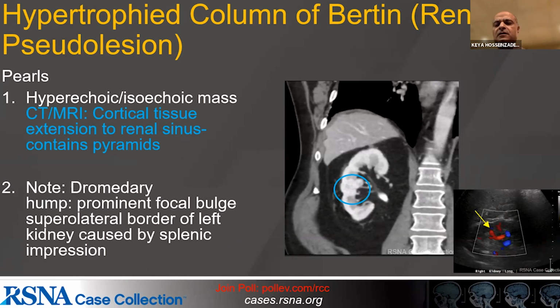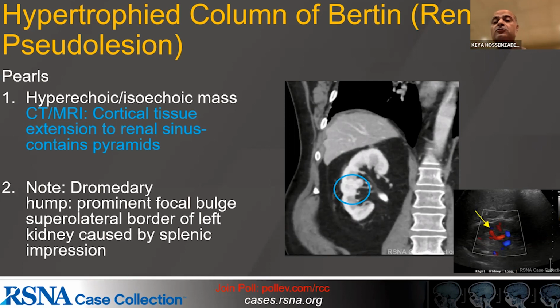When they fuse, they usually fuse in an end-to-end fashion, and the intervening parenchyma, which is called polar parenchyma, resorbs. Now, if that fusion doesn't occur in an end-to-end fashion, that intervening polar parenchyma remains, and that then forms a hypertrophied column of Bertin or a junctional parenchyma.